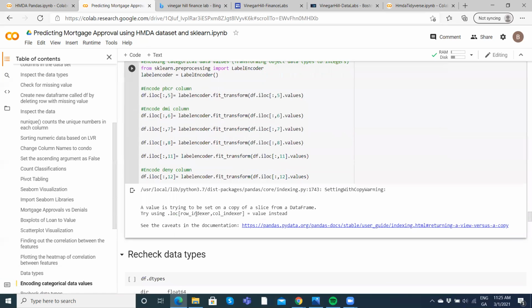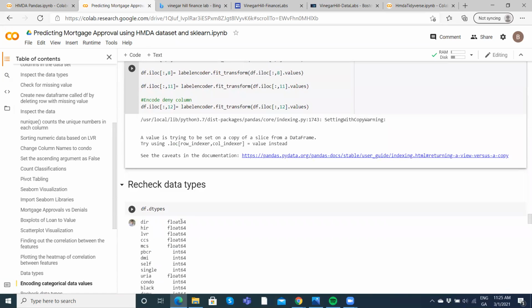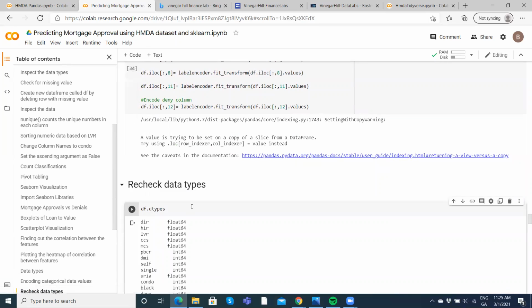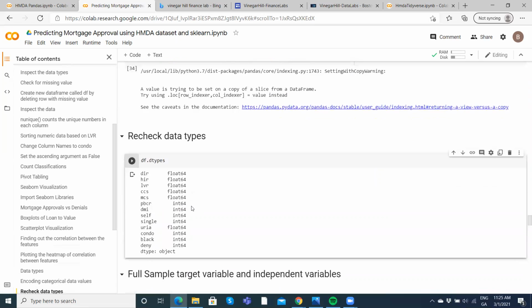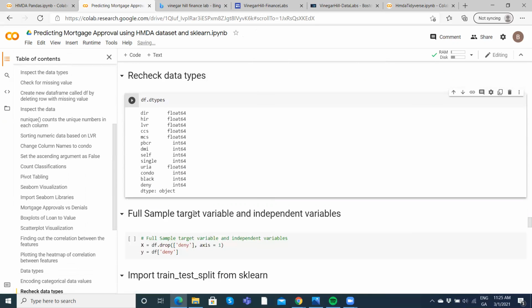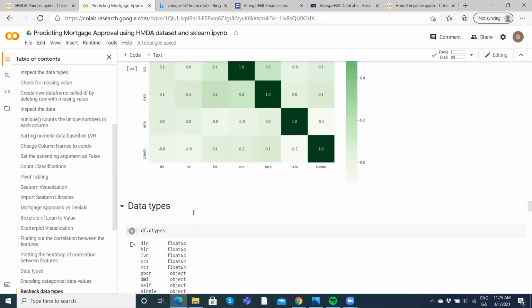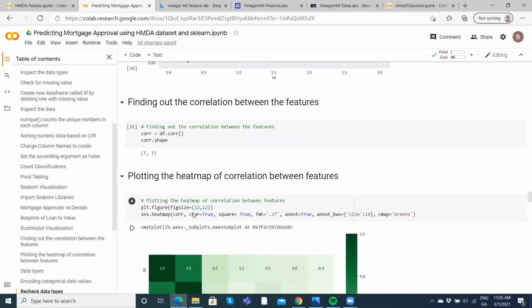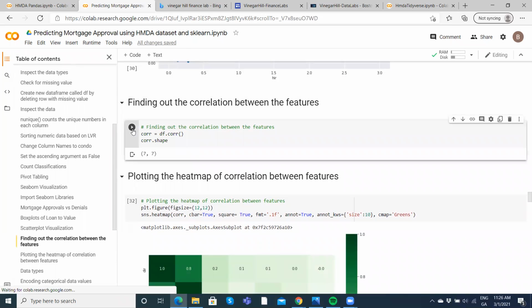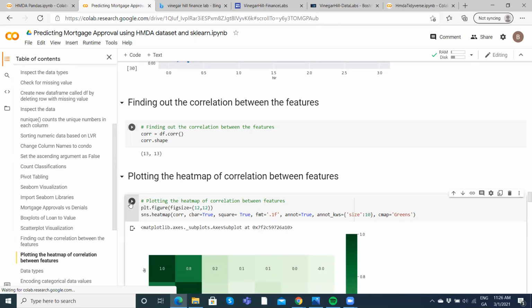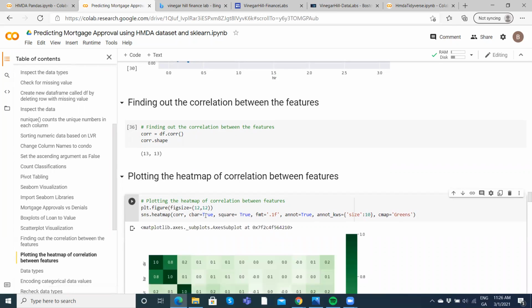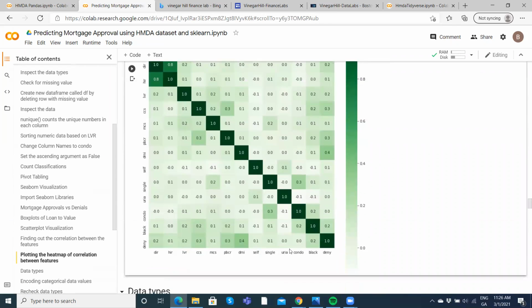And when we recheck the data types, we've now converted those to INT64. Now if I go back and rerun after making those changes, you can see we've got 13 by 13, and we can run the correlation matrix and get the full 13 variables.